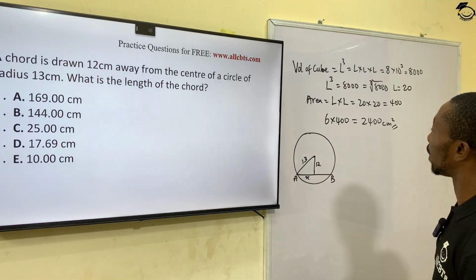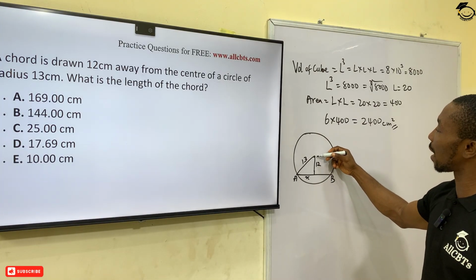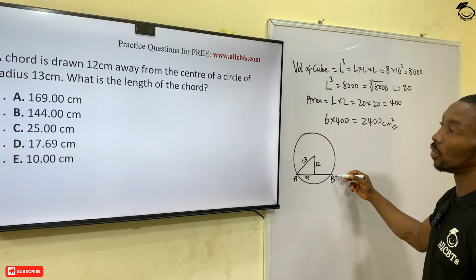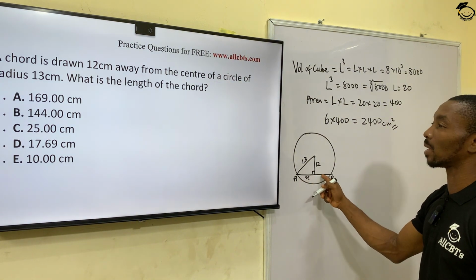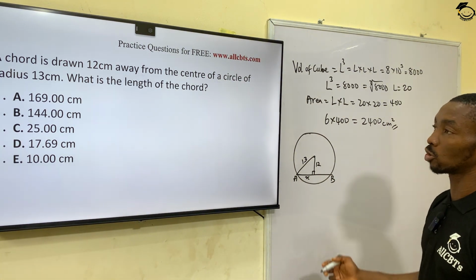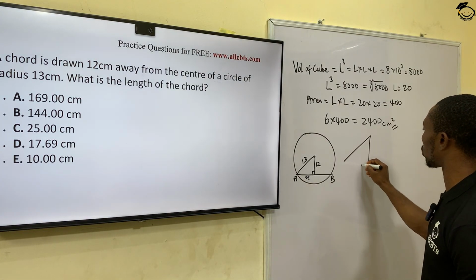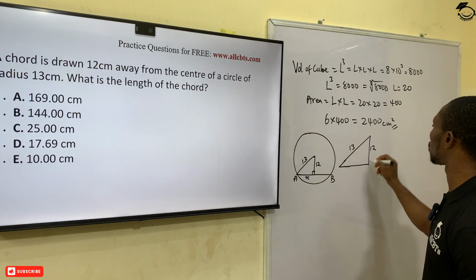In order to calculate the length of this chord AB, in our circle geometry, we know that a line from the center of the circle perpendicular to the chord forms 90 degrees and it bisects, or cuts, the chord into 2 equal parts. So having this as a right angle triangle, we would have this as 13 and 12.